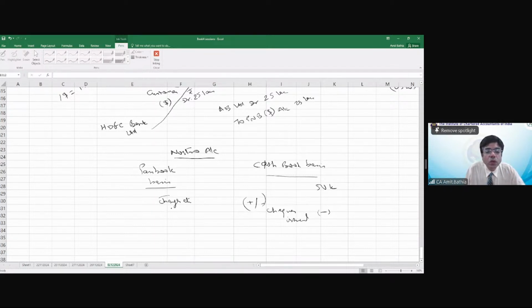So here we have to prepare the nostro account on the basis of cash basis, and your notional basis, which is your total value, including cash available and whatever transactions have already been done on your behalf. So that is the preparation of a nostro account.